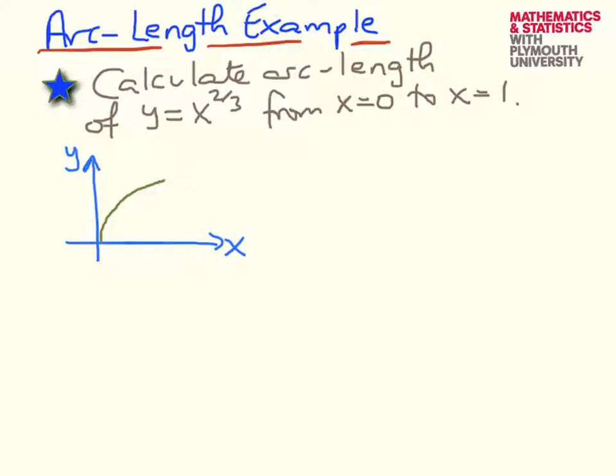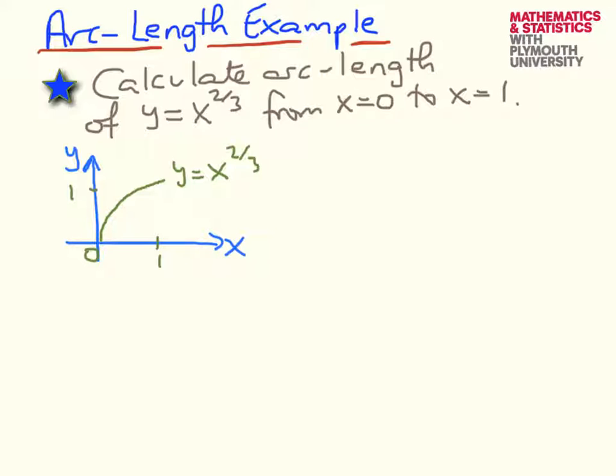And this is y is x to the 2/3. And we are integrating along from x is 0 to x is 1, and at that stage of course y will also be equal to 1. So what we're going to be calculating is the length of this curve from here to here.